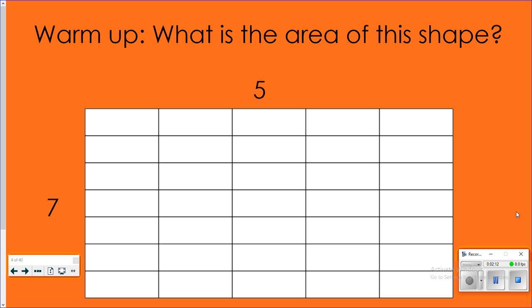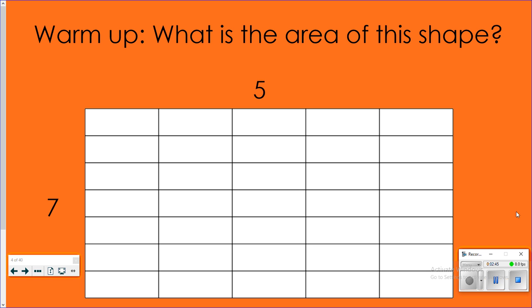But what does this shape look like? It looks like an array. And if something's an array, what math can I use? Multiplication. Rows by columns. So I'm going to have 7 times 5.